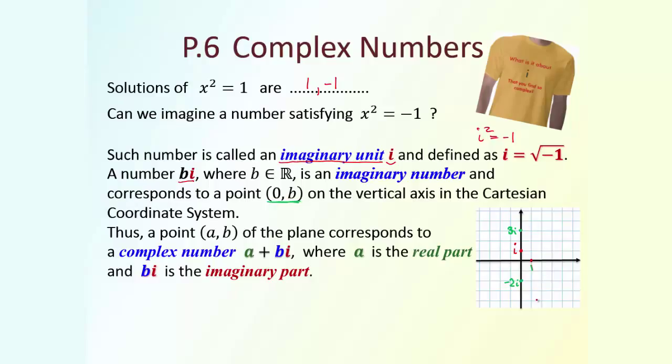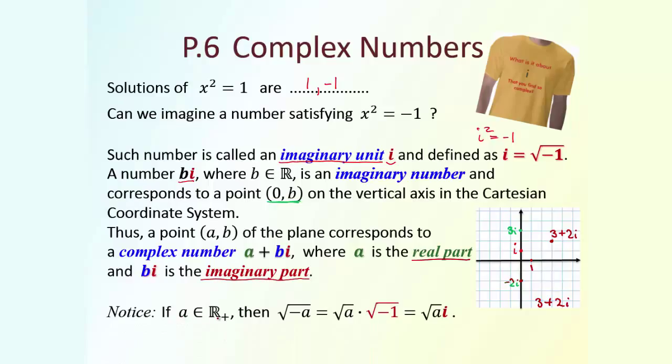So for example, a point 3 plus 2i is located by moving 3 steps horizontally, 2 steps vertically. That's the point. So this is a point on the plane that corresponds to the complex number 3 plus 2i. Any number of the form a plus bi will be called a complex number, with a being its real part and bi being its imaginary part.